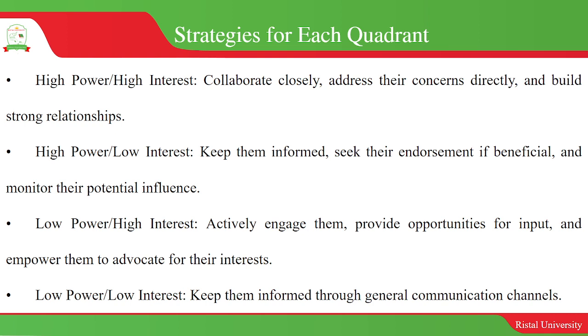And then the third category, low power, high interest, actively engage them, provide opportunities for input, and empower them to advocate for their interests. Okay? And then low power, low interest, keep them informed through general communication channels. So you may not really have an active strategy for low interest, low power. Okay.